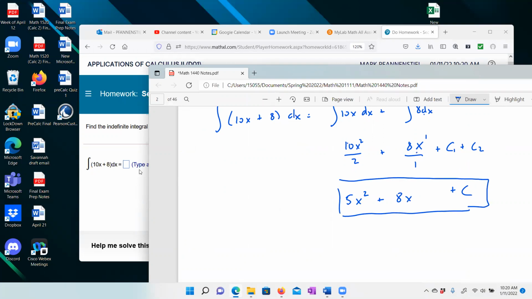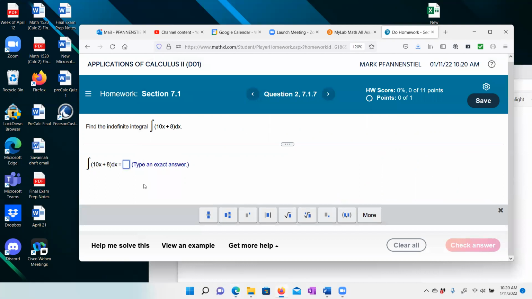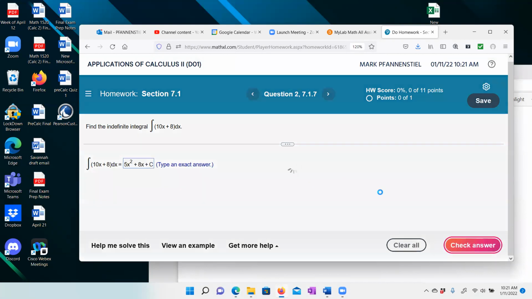Okay, so I guess we could write 5x squared plus 8x, and then plus, do they tell us? No, some books will tell you which constant they want you to use. Like some will use a, but whatever. So that'll be nice. All right.